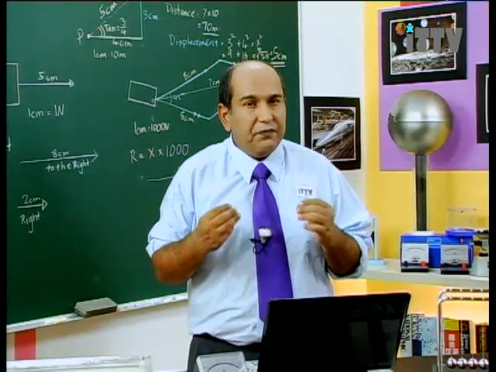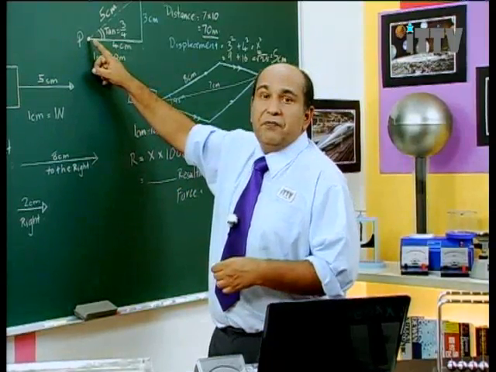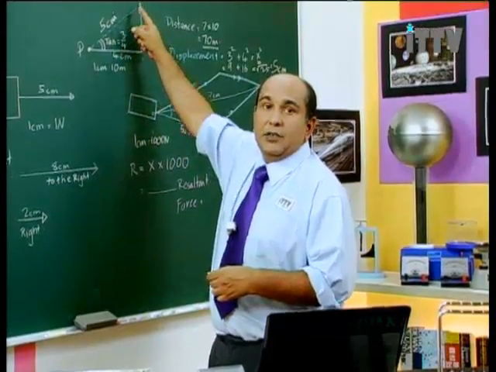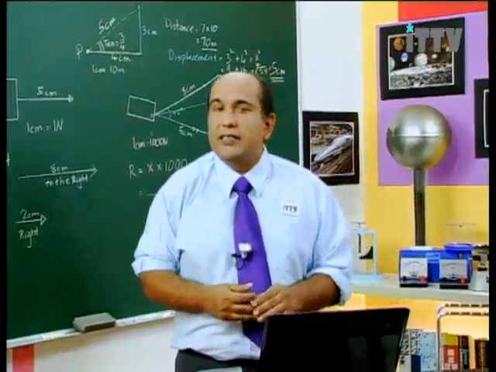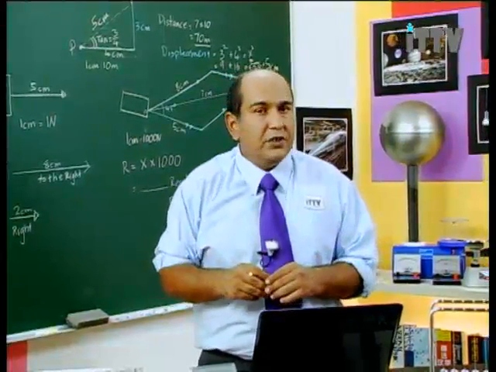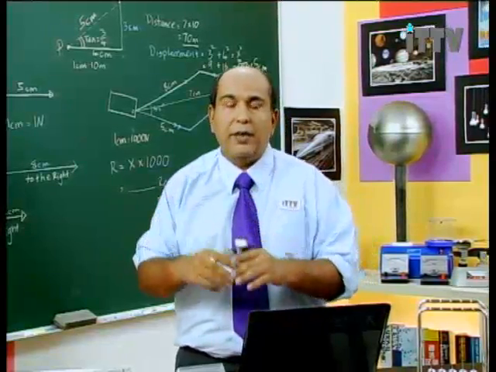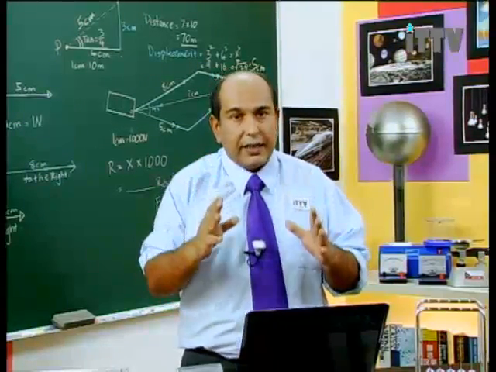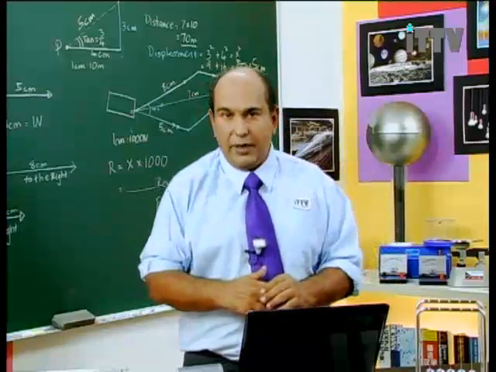Displacement: 50 meters at an angle to the northeast. And this is how you can understand, hopefully, the difference between scalar, which has got magnitude but no direction, and vector, which has both magnitude and direction.